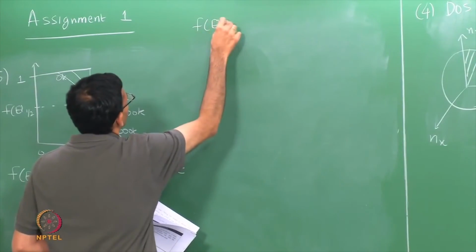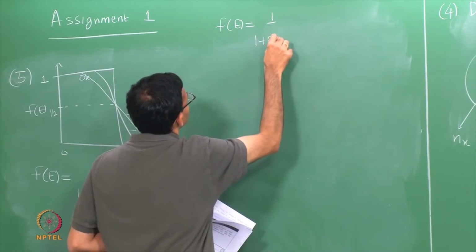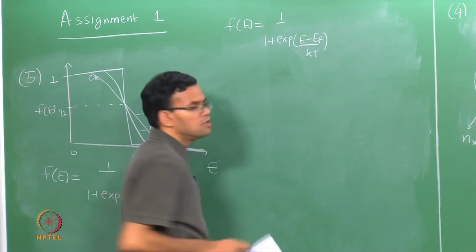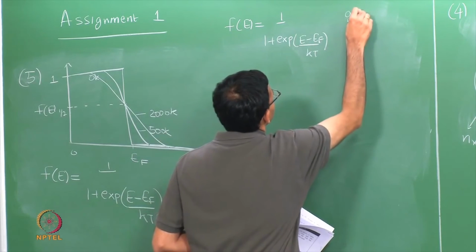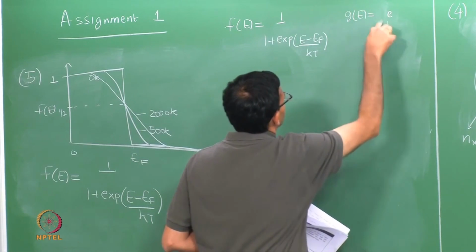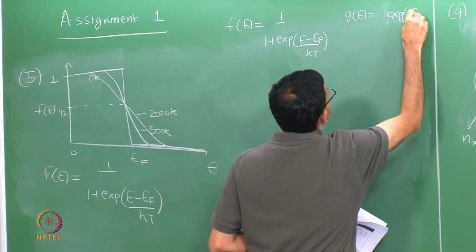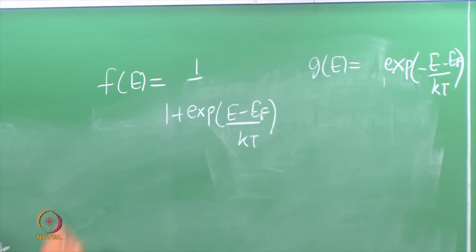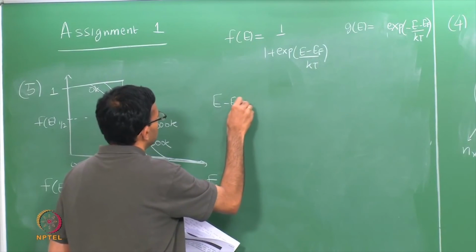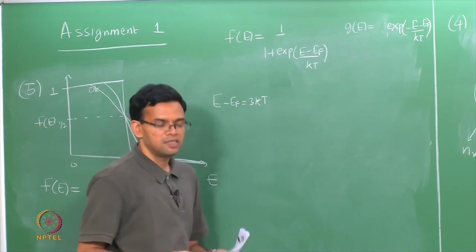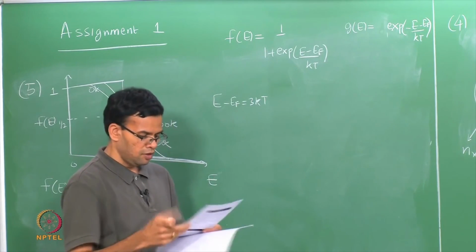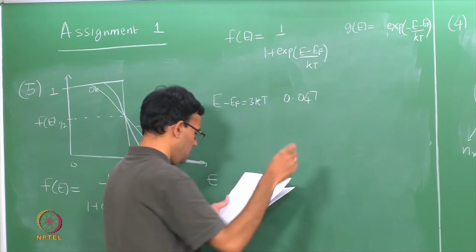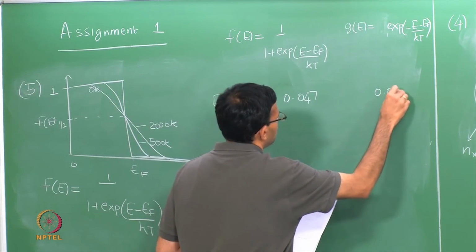So, f of E we have written as 1 over 1 plus exponential of E minus E f over k T. The Boltzmann function is just exponential of minus E minus E f over k T. So, when E minus E f is 3 k T, we can substitute and the numbers are: the Fermi function is 0.047, the Boltzmann function is 0.049.